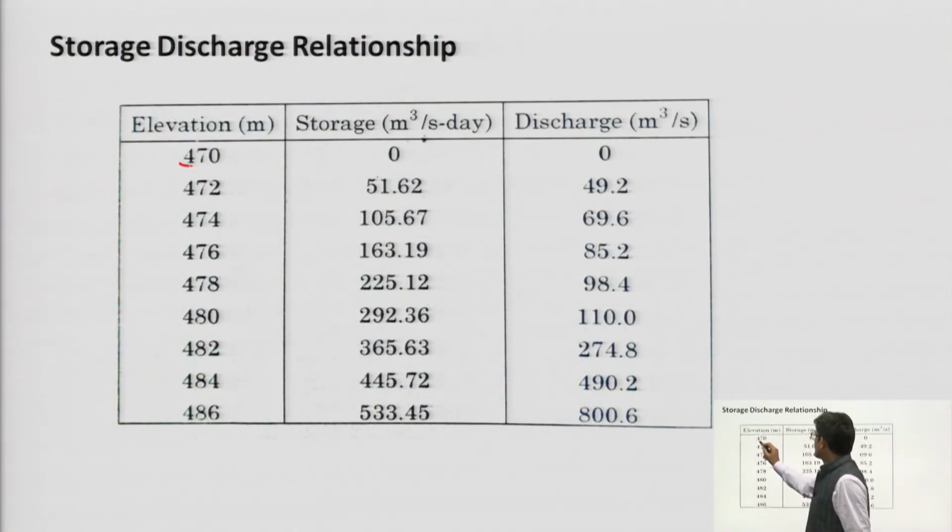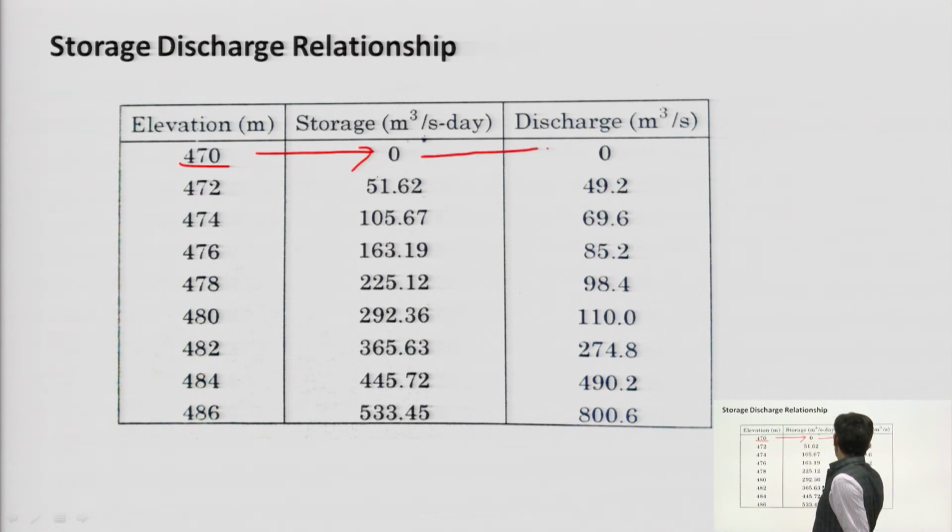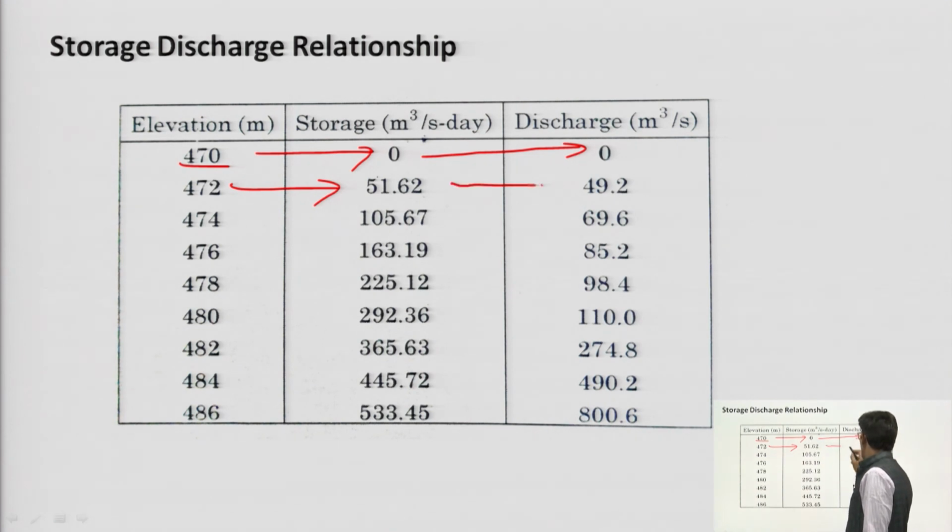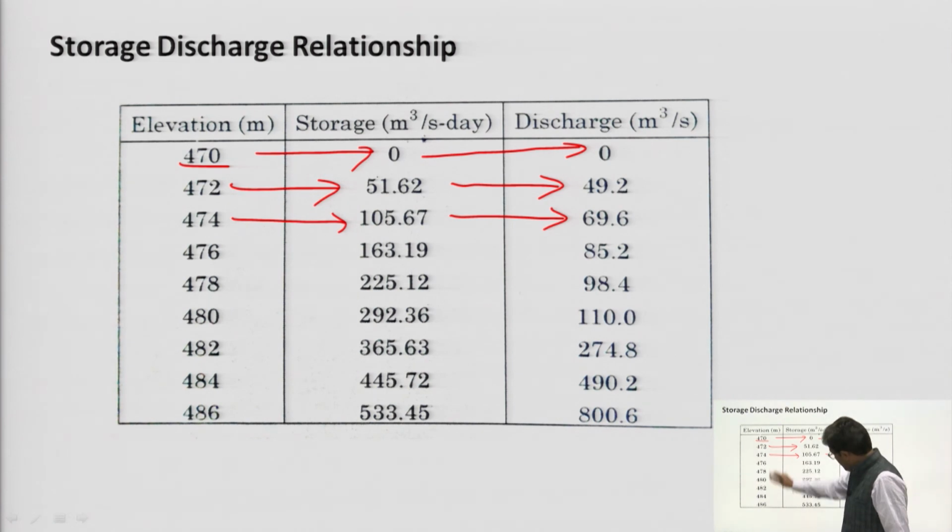At 470, storage is 0 and the discharge is 0. At 472 we have a storage of 51.62 in this unit, and the discharge is this. At 474, this is the storage and this is the discharge, and so on.